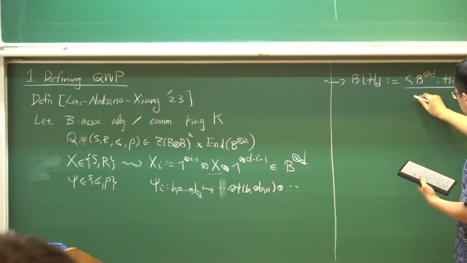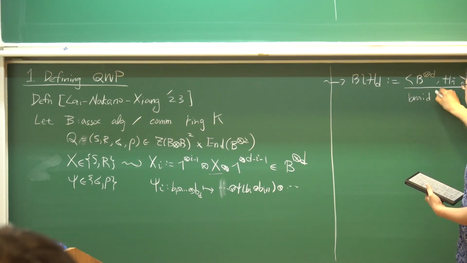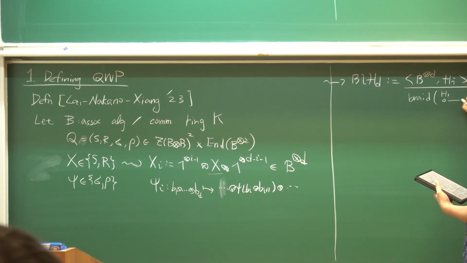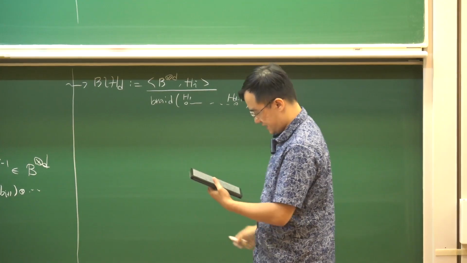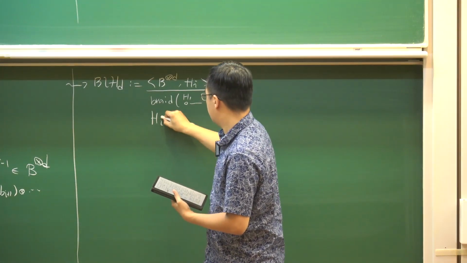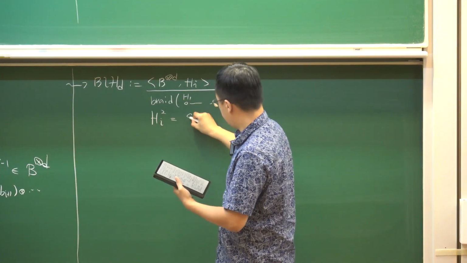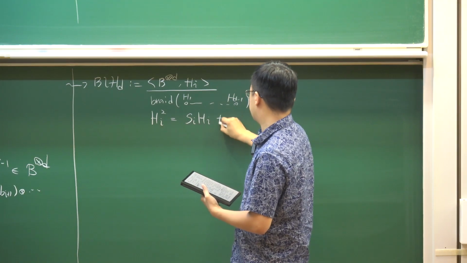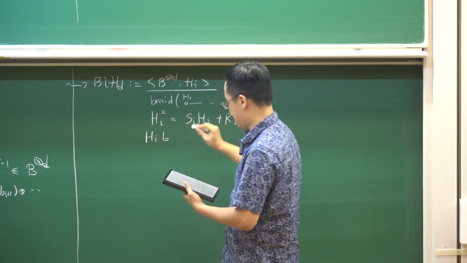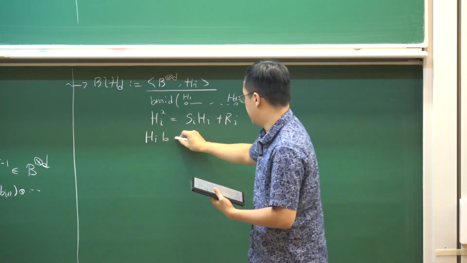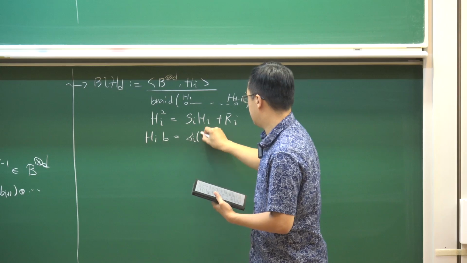So we have the type A braid relation for H, and then I have H_I squared equals S_I H_I plus R_I, and for any element in the double tensor, you do this.